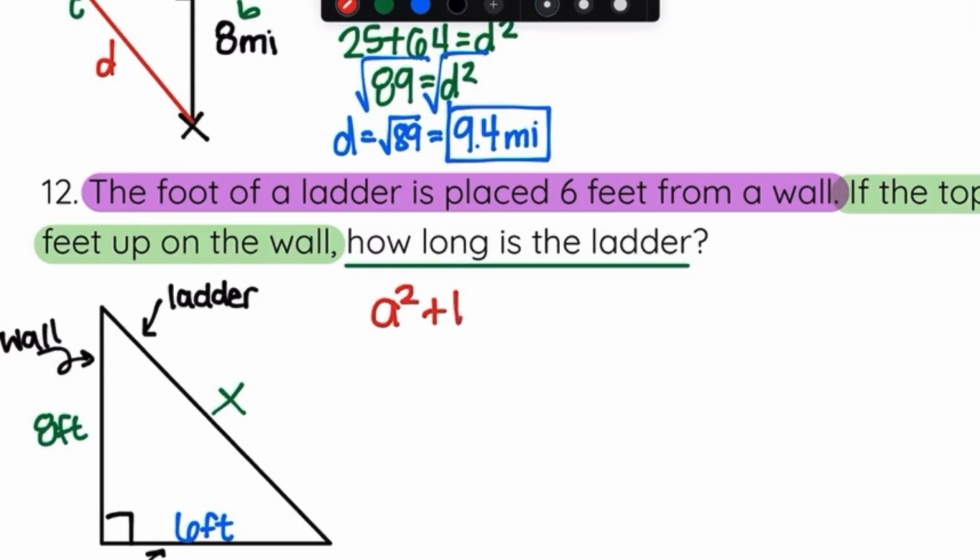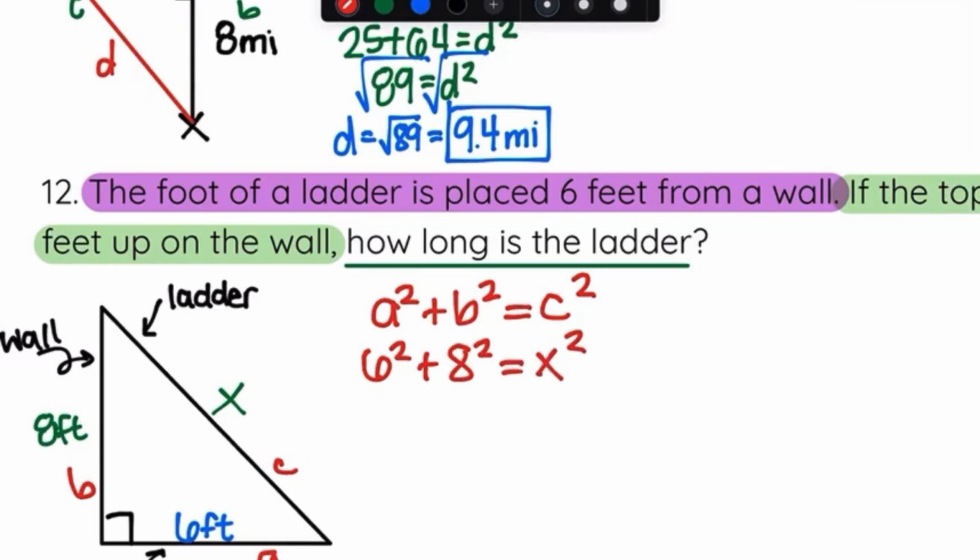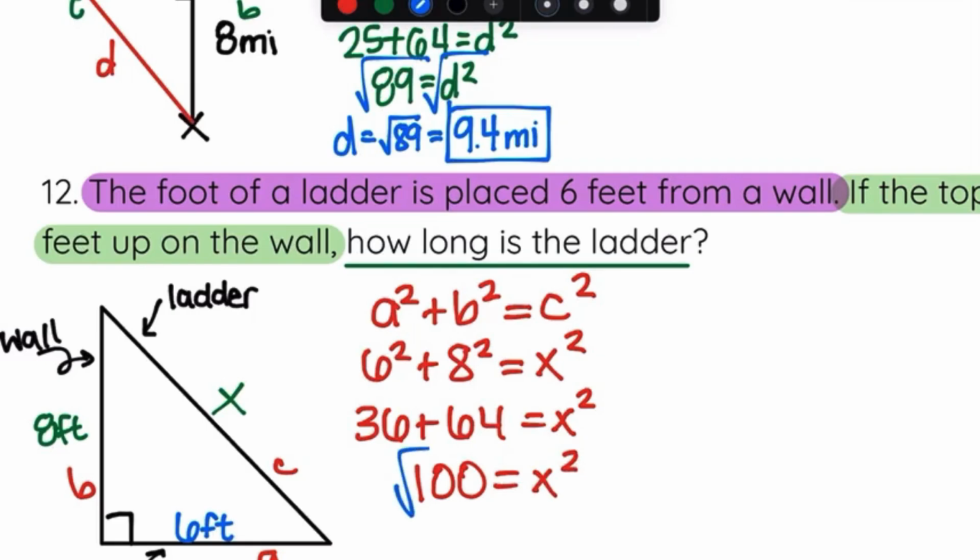So a squared plus b squared is equal to c squared. And I forgot to label this, a, b, and c. So 6 squared plus 8 squared is equal to x squared. So that's 36, and 64 is equal to x squared. So we get 100. And when I take the square root of both sides, I get x is equal to 10 feet. And so I had a 10-foot ladder.